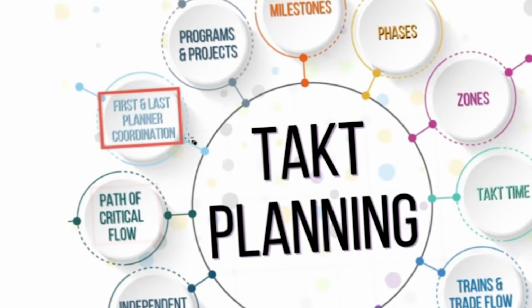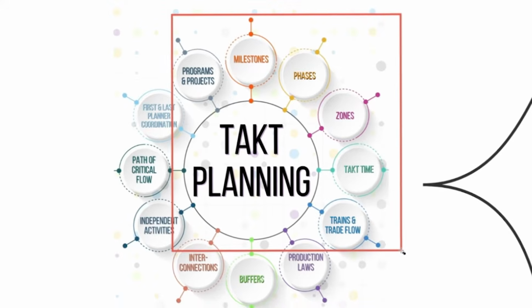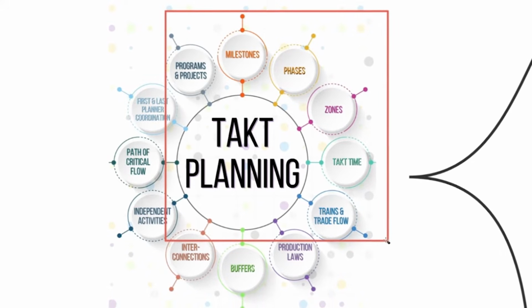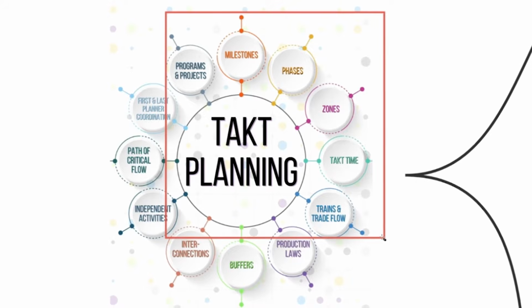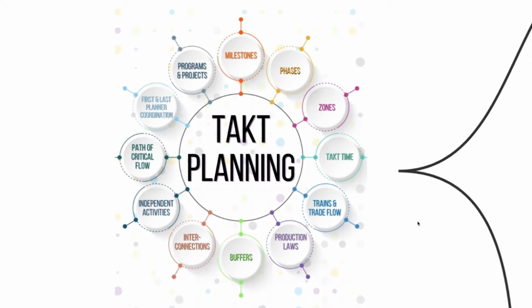But in this video I'm only going to cover programs, milestones, phases, zones, takt time, trains, and trade flow as it relates to macro-level takt plans. So let's do that right now.